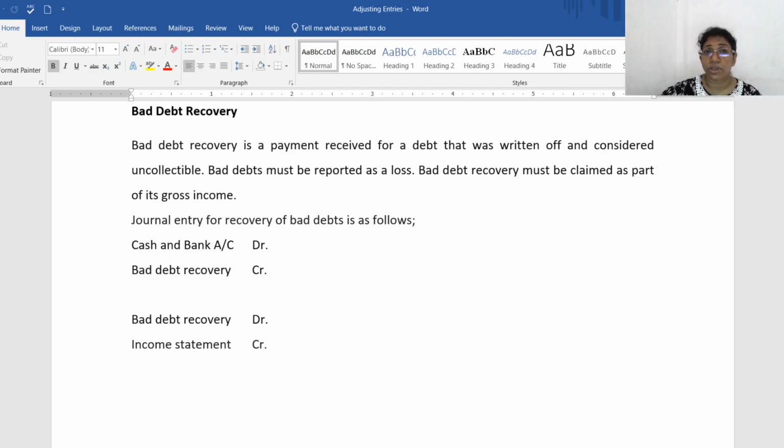So let's look at what is the double entry. We are going to debit the cash receipt from the bad debt and we are going to credit it to the bad debt recovery account. Later, we are going to transfer the bad debt recovery to the income statement since this is an income for us.